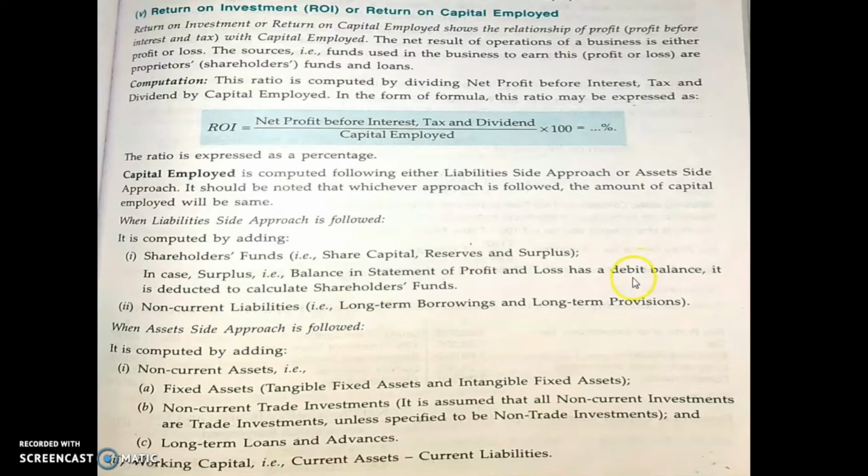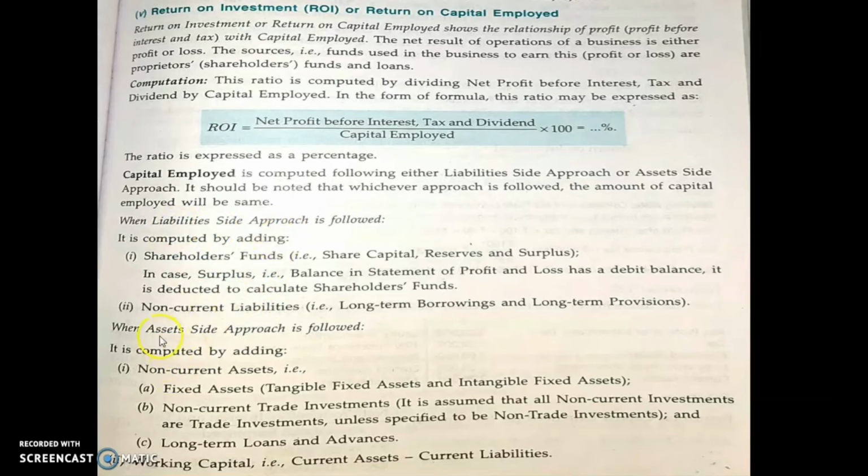Debit balance means it's a loss. And the second item which we have to add here is non-current liability. Two items will come under non-current liabilities, that is long-term borrowing and long-term provisions. So these two items are added together under liability side approach.